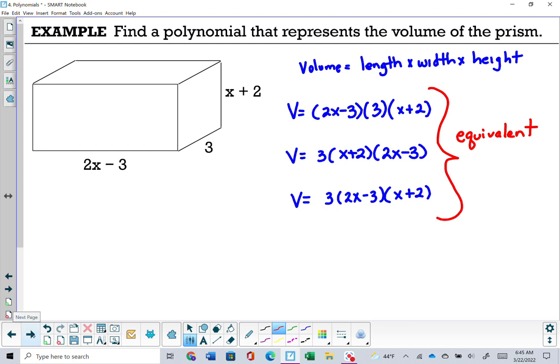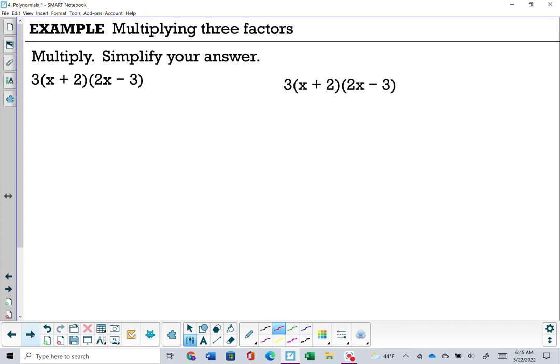So here we have this polynomial of 3 factors written again, and we're going to actually multiply out these 3 factors. So we're going to do it twice. Now, you want to keep in mind, when you are multiplying, you can only multiply 2 factors at one time. In fact, that's worth writing down.